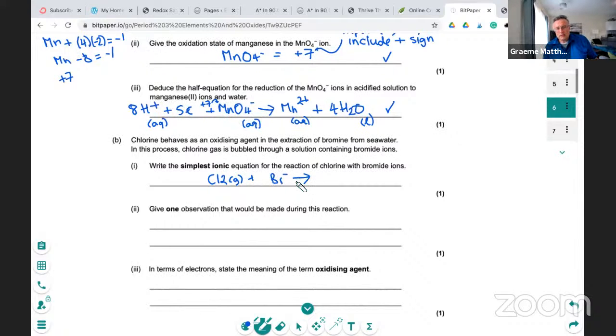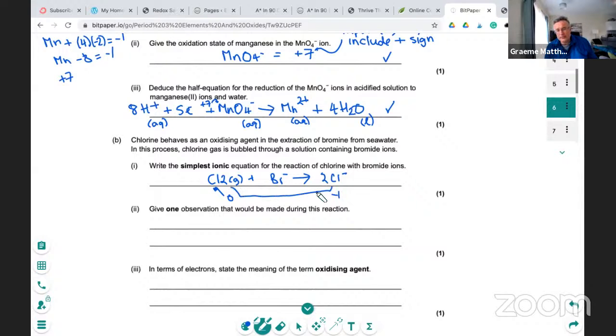So I'm thinking, well, this has to become this. Chemists, you're thinking, if this is a zero oxidation state because it's chlorine gas, well, what else can I do with it? I guess I could break it apart into Cl minus, which would be -1. Here's one half equation.